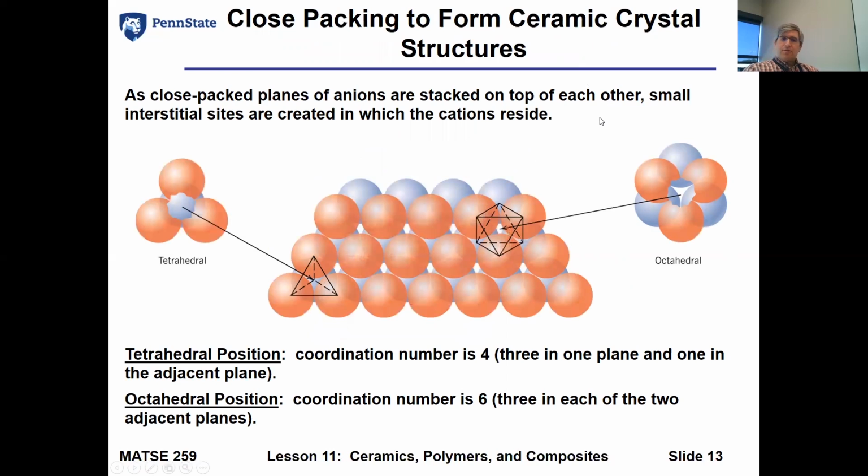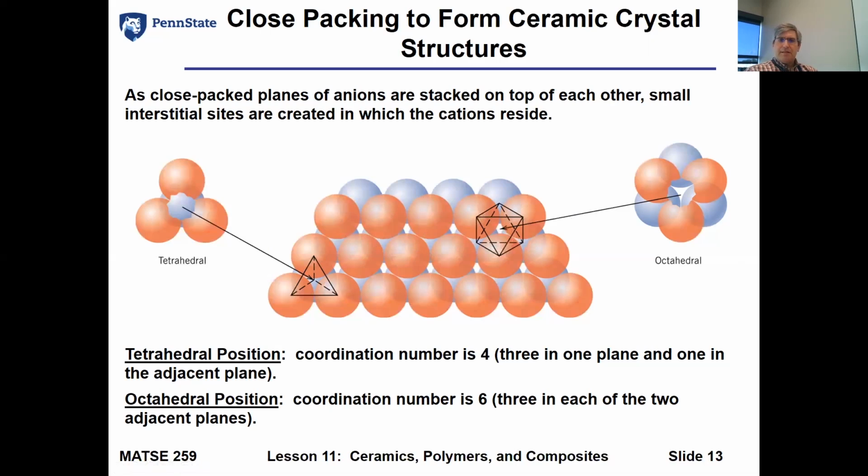So these anions and cations also close pack. If you think about a cation-anion combination, you can have a tetrahedral position or an octahedral position, and it depends on the coordination number. Tetrahedral is 4, octahedral is a coordination number of 6. We start thinking back to crystal structures for metallic systems.